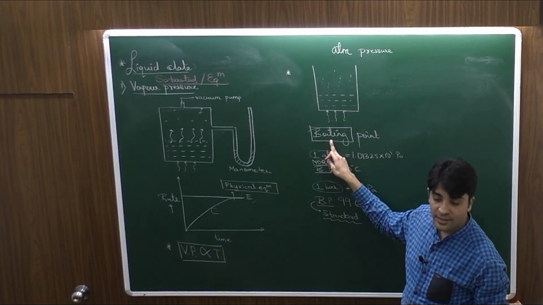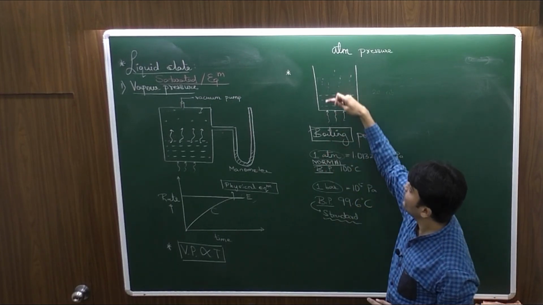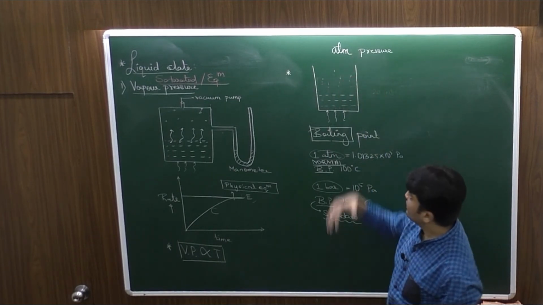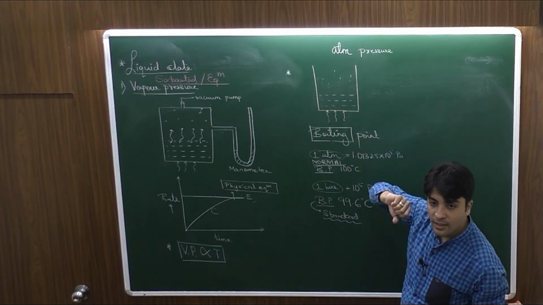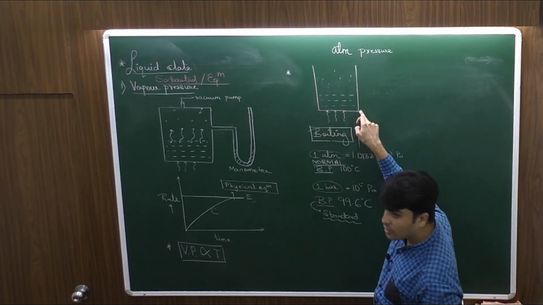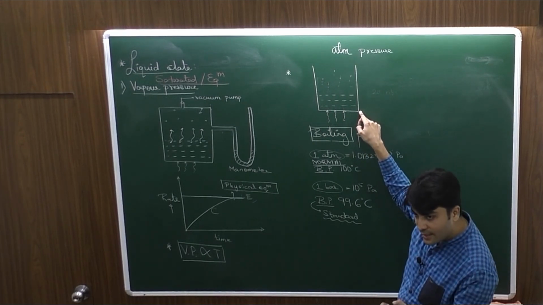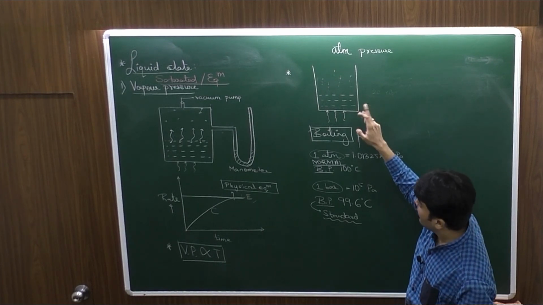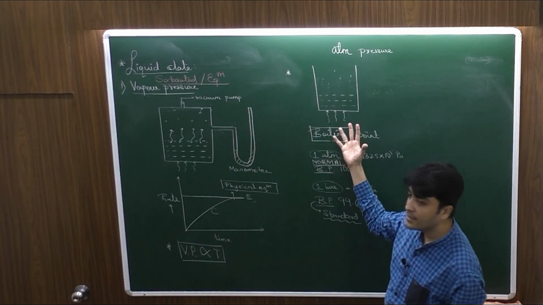So boiling point is defined as that temperature at which the vapor pressure becomes equal to the atmospheric pressure. This atmospheric pressure is creating pressure on the entire bulk of the liquid, no? So the molecules at the bottom will also try to escape or boil into the vapor state, and that is where the bubbles appear.